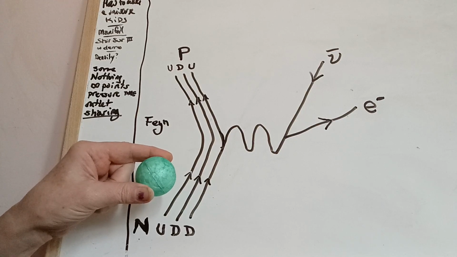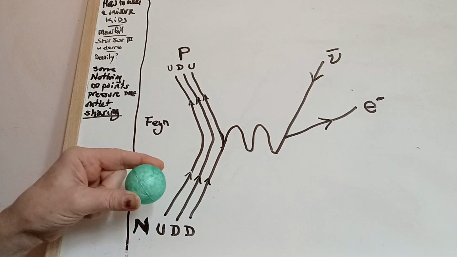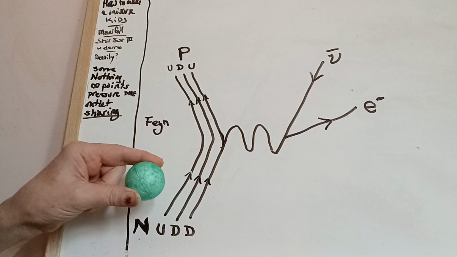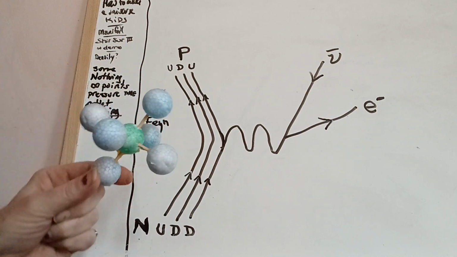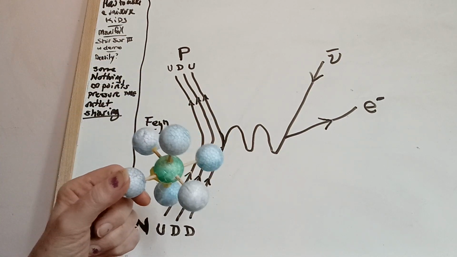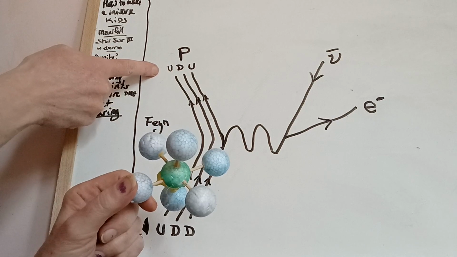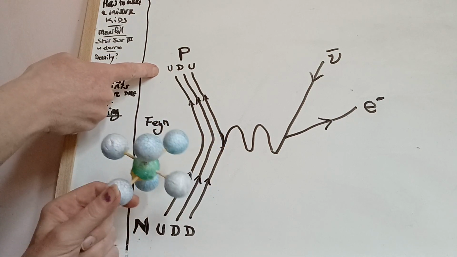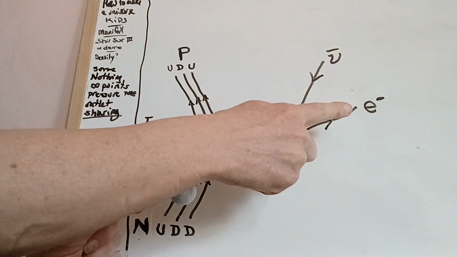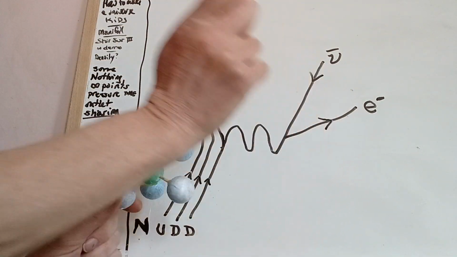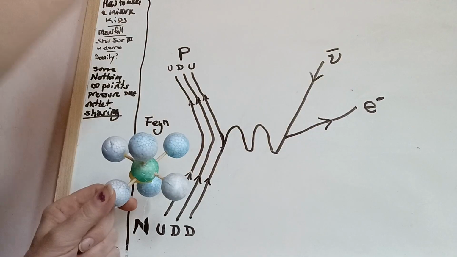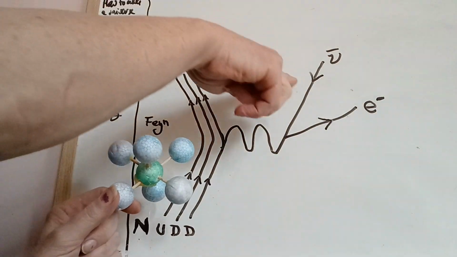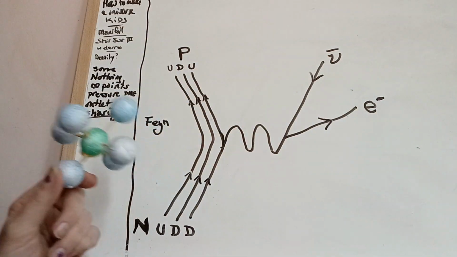Okay, the blue component becomes the positive charge of the proton up here. And the negative charge becomes the electron over here. And then there's an antineutrino, which I'm curious about this arrow, but let's not get into that right now.